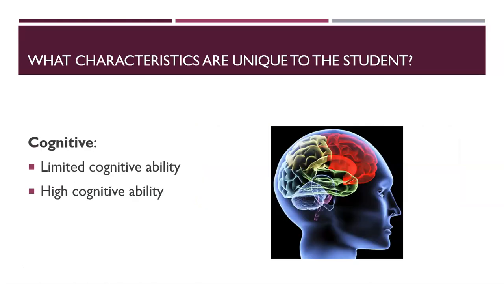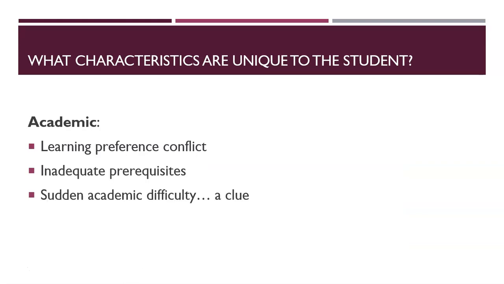Cognitive characteristics. So whether a student has limited cognitive ability to understand a situation, to remember previous experiences and outcomes, or high cognitive ability that allows the student to perhaps anticipate outcomes or misinterpret situations. Academic characteristics need to be considered. Is the student in an environment where their learning preference is in conflict with how the teacher instructs?